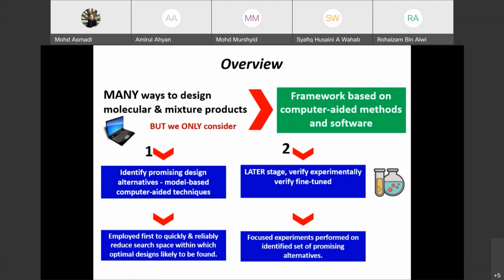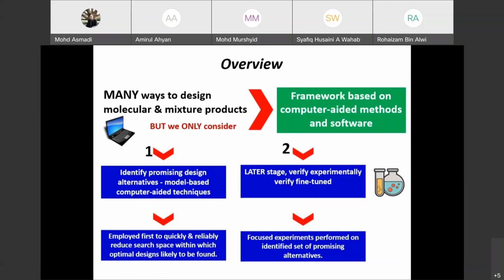Okay. And then first we will identify the promising design alternative model based computer techniques. Kemudian kita akan employ first to quickly and reliably reduce search space within the optimal design likely to be found. So kita akan screening benda tu. Lepas bila you guna computer design, you screening.